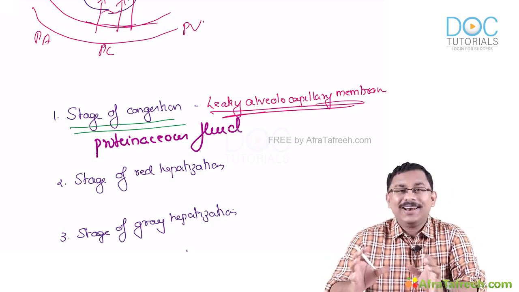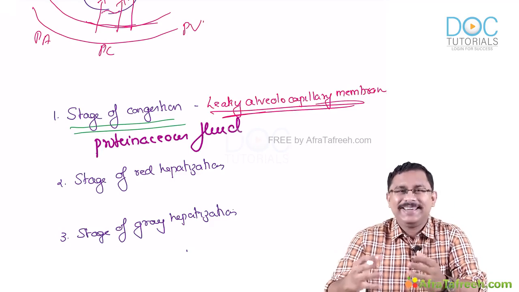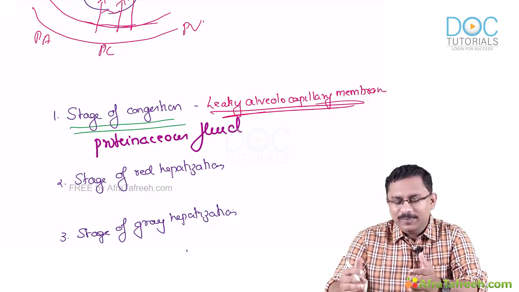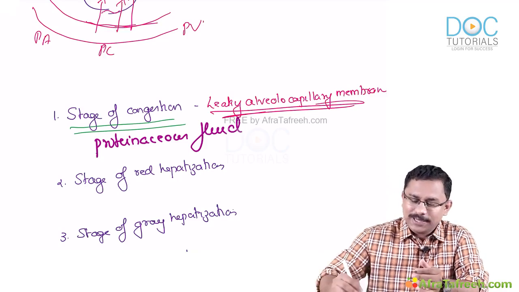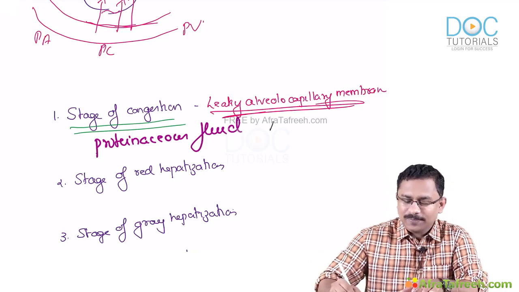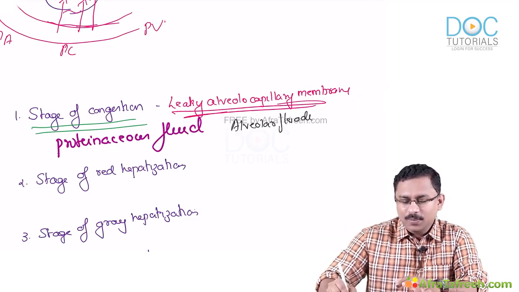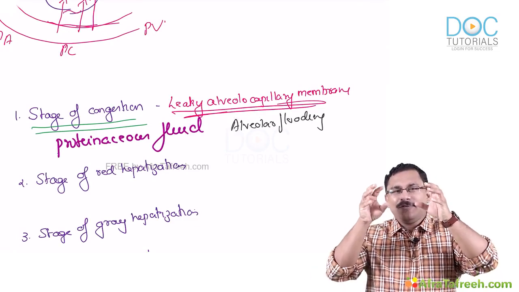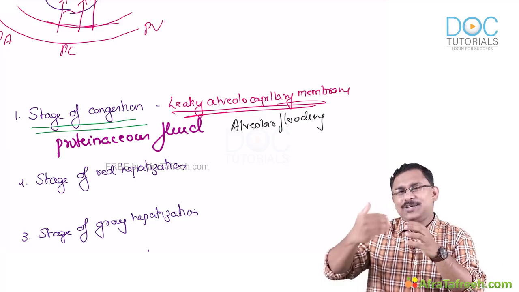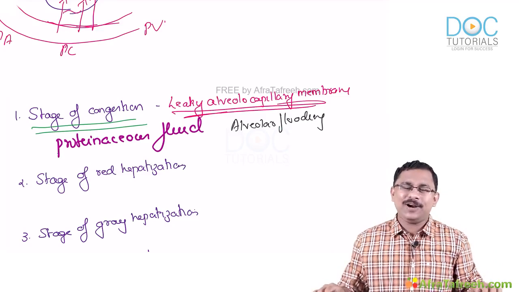So normally in your alveoli you have the air, but here what happens is that you have fluid inside the alveoli. If you remember when we discussed respiratory failure, I mentioned that there occurs something known as alveolar flooding. Okay, alveolar flooding in case of a pneumonia, which means you would have all this fluid, or maybe in subsequent stages proteinaceous fluid, or maybe some inflammatory cells inside your alveoli.